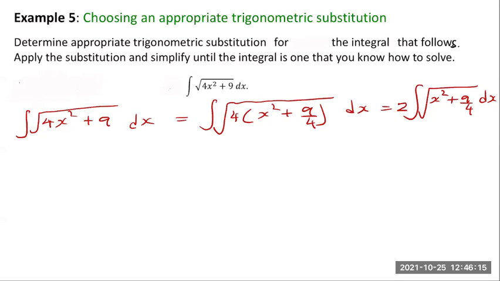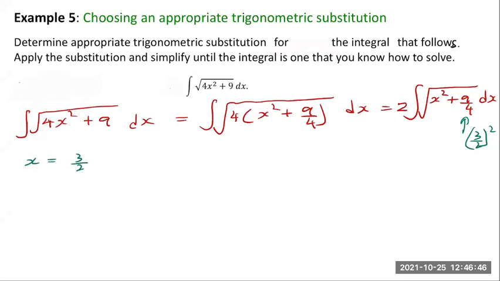Now, as you can see, this should be something familiar to you. You can view this 9 over 4 as 3 over 2, the whole thing squared. Now it looks like x squared plus a squared, right? By theorem 5.18 part B, it suggests that x equal to a tan u would be a good substitution. So I'm going to go with the substitution x is equal to a tan u.